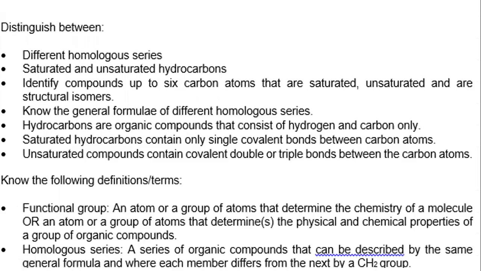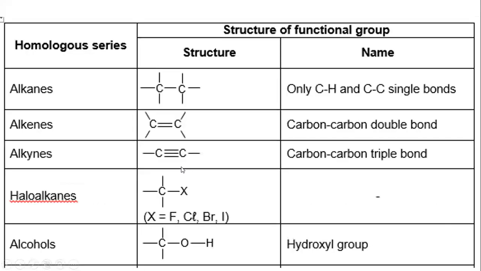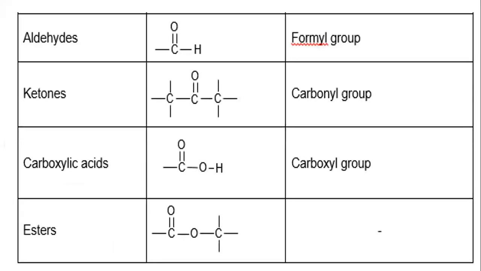I have kept this because I want us now and again to revert back to the definitions that are important in this topic as and when we are learning it, and hence I'm going to keep this for the duration of the week, as well as this table on functional groups of various homologous series.